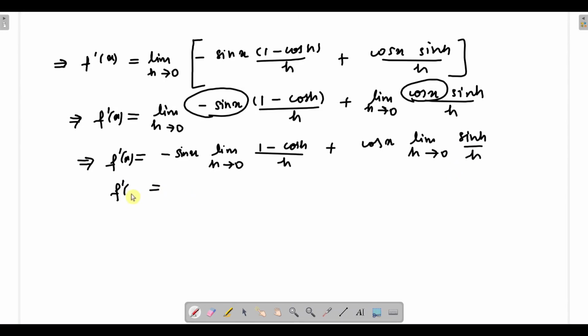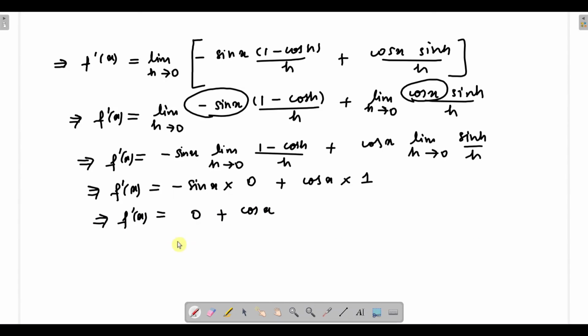So f prime of x will be equal to what? Minus sin x times the limit of this, which is 0 by the formula, plus cos x multiplied by the limit of sin h by h as h tends to 0, you know the formula, that is 1, right? So f prime of x is nothing but 0 plus cos x, so f prime of x is nothing but cos x, right?